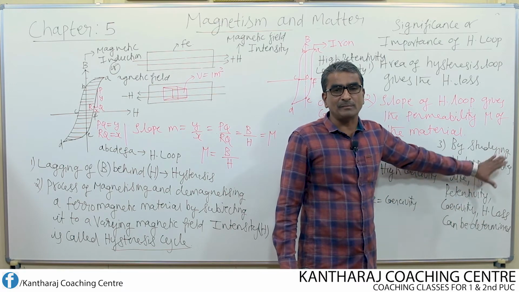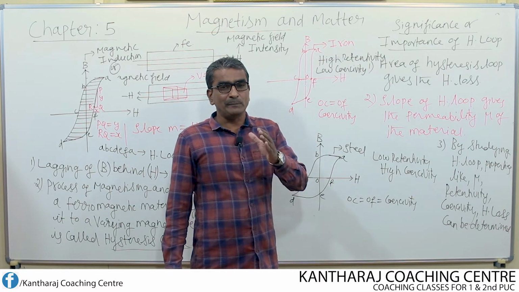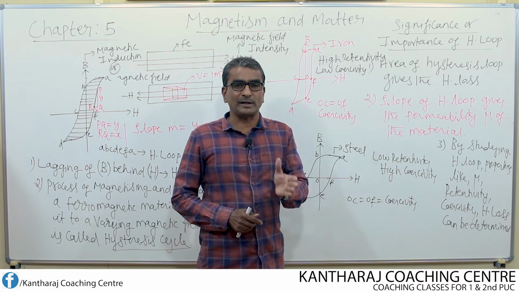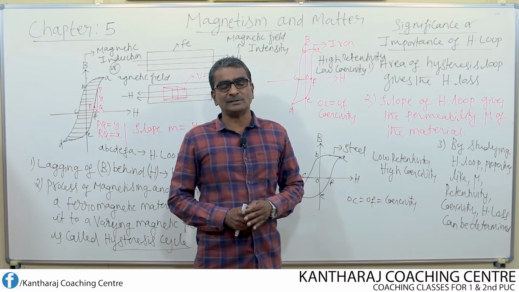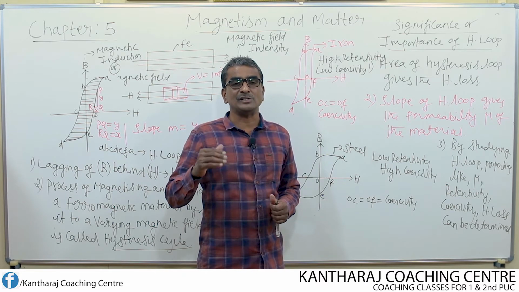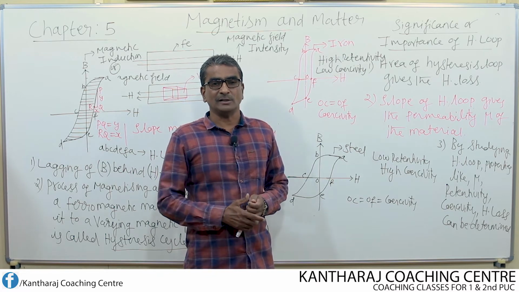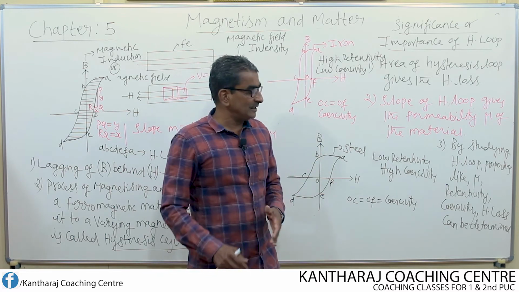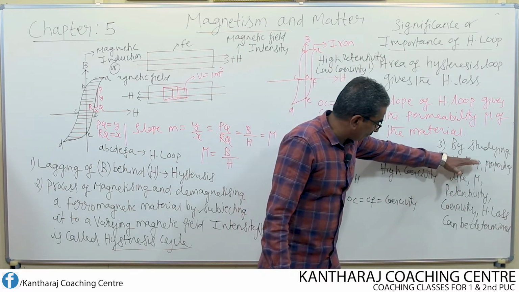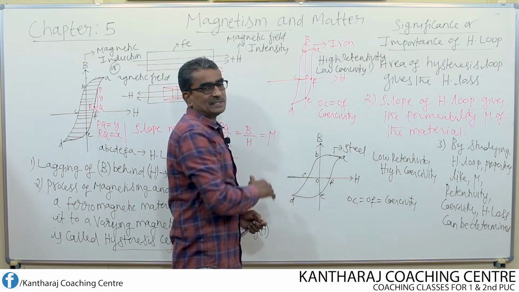These properties of the magnetic material will help us to select the materials which are suitable for the manufacturing of temporary magnets, permanent magnets, the core of the transformer, the core of the armature of the generator and also the core of the electric motor. So to select these materials, these properties will play an important role, and the magnitude of all these can be determined by studying the hysteresis loop.